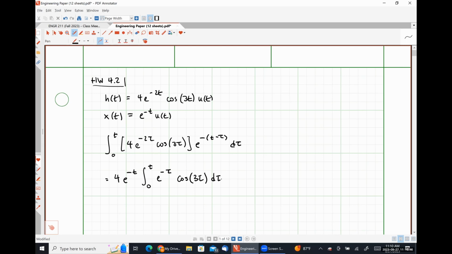And then this is practically the same integration by parts that we worked in the class example. Nothing particularly wild or crazy about it.